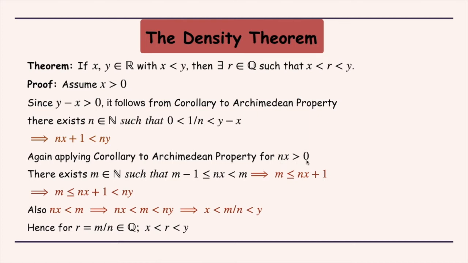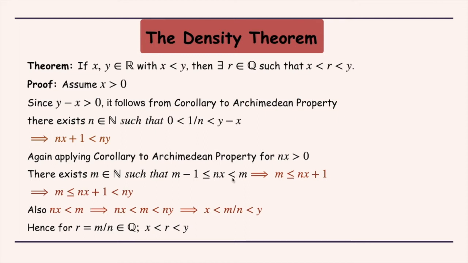So, nx is also a positive number. Now, using this corollary, we can find a natural number, say we call it m, such that m minus 1 is less than or equal to nx and that is further less than m. Now, if I consider the first part of this inequality, I can say that m is less than or equal to nx plus 1. So, this is another result which I get from this particular inequality.